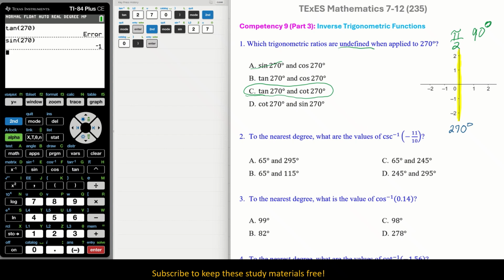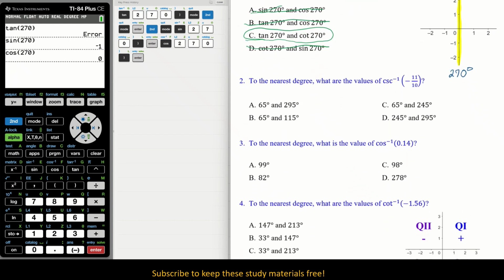If we put in cosine 270, we get 0, so it is defined. That means it has to be C. You always use your calculator to check. I do know the rules and I saw it right away, but check with your calculator and make sure your thinking is correct.